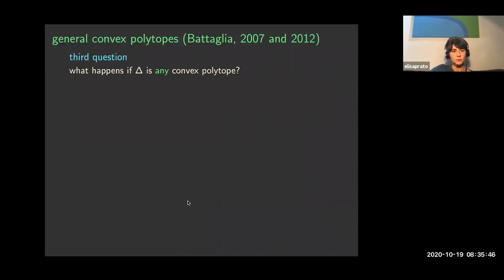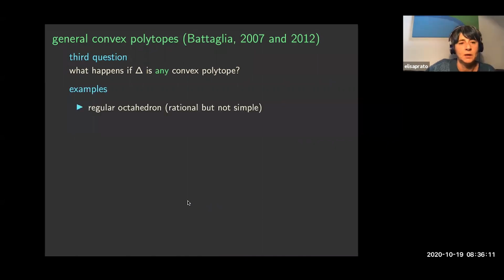The third natural question is, so the first was what happens if the polytope doesn't satisfy the integrality condition. The second was what happens if the polytope is not rational. The third question Fiametta addressed was what happens if Δ is a general polytope, meaning that it is not even simple.